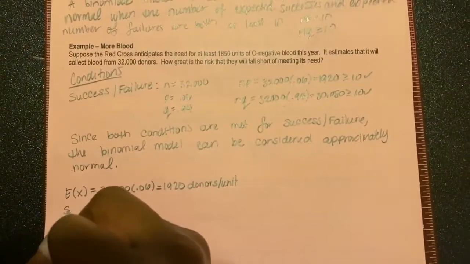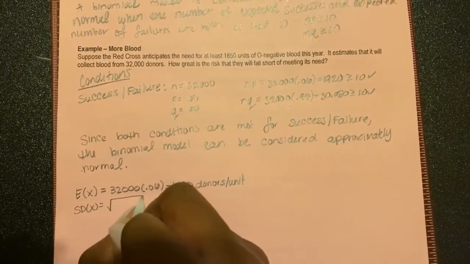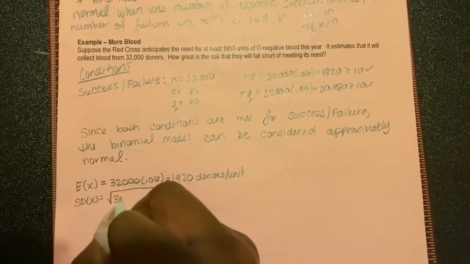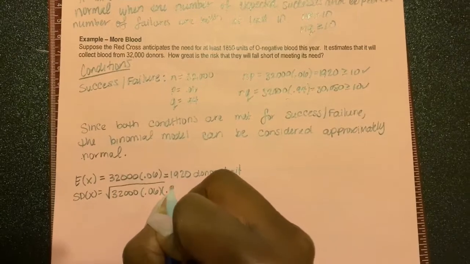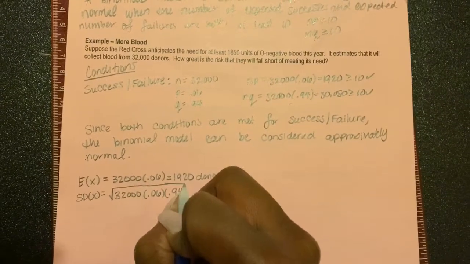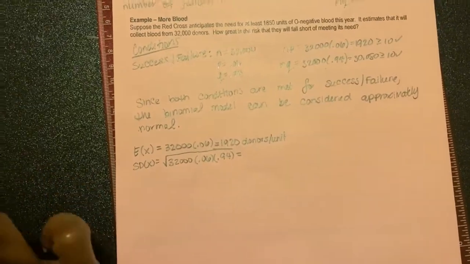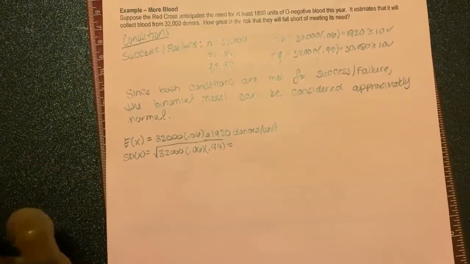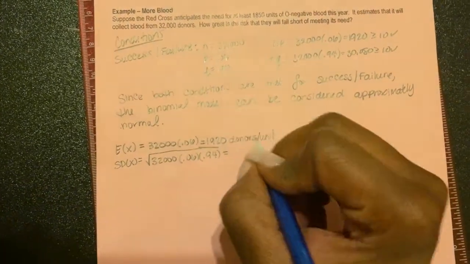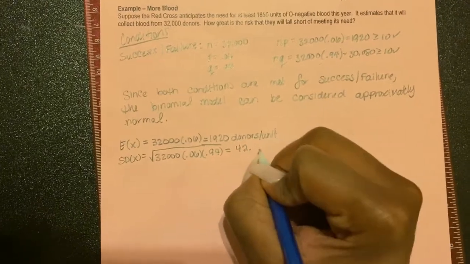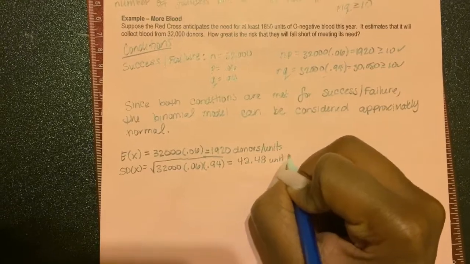Okay, and so then our standard deviation for our variable would be the square root of 32,000 times 0.06 times 0.94. And so that value is 42.48 units. I'll just call them units.